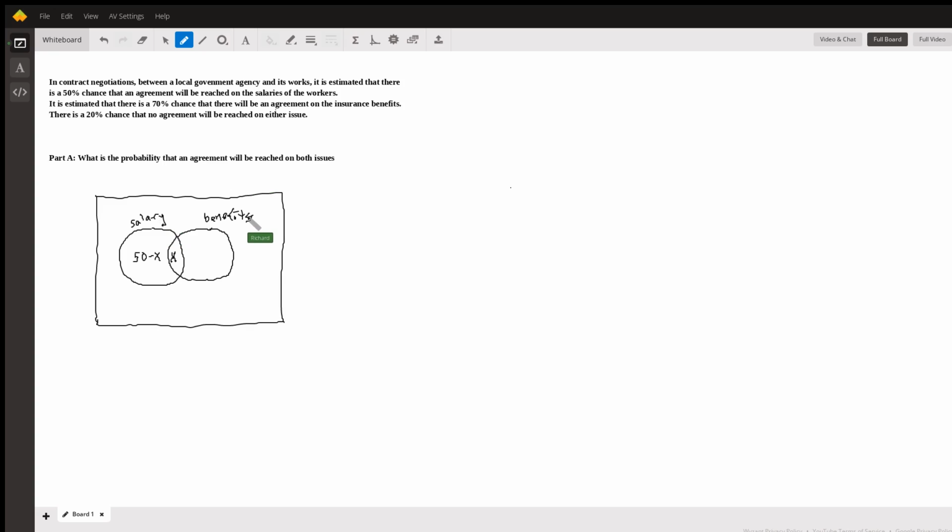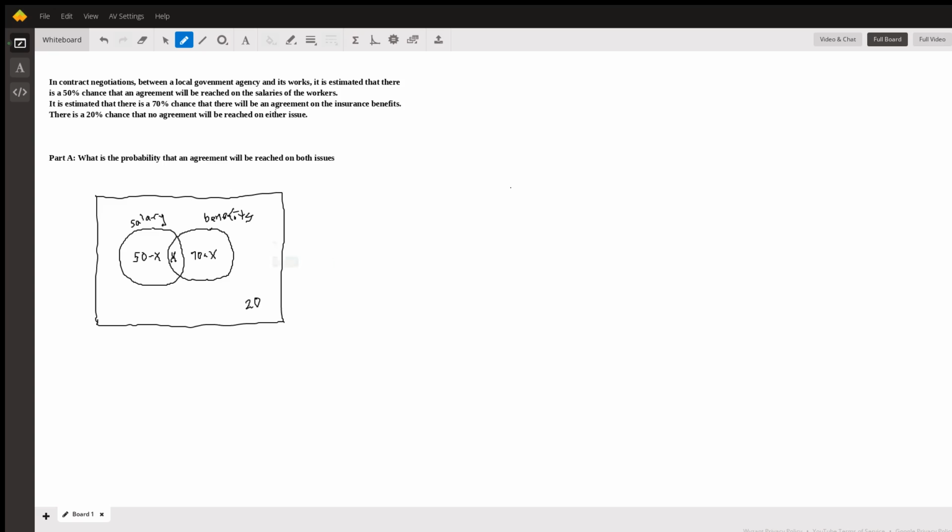Now for benefits, it's telling us that there's a 70% chance that they'll reach an agreement on benefits. So this would be 70 minus X. And they're telling us that there's a 20% chance that they won't agree on salary or benefits, and then everybody would be unhappy. So that belongs down here.